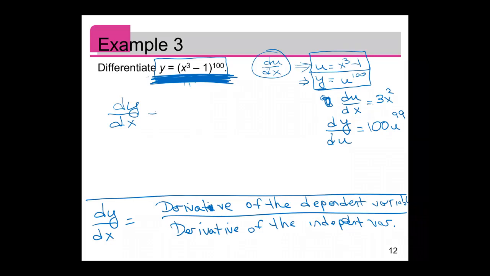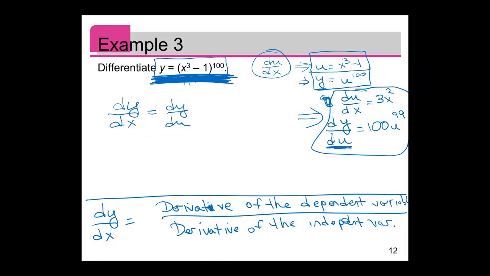And that's going to equal, and now I go back to what I used for my substitutions. So what does that equal in terms of these two things that I found the derivative of over here on the right side? I know dy dx is going to equal dy du, because I have dy du right here.